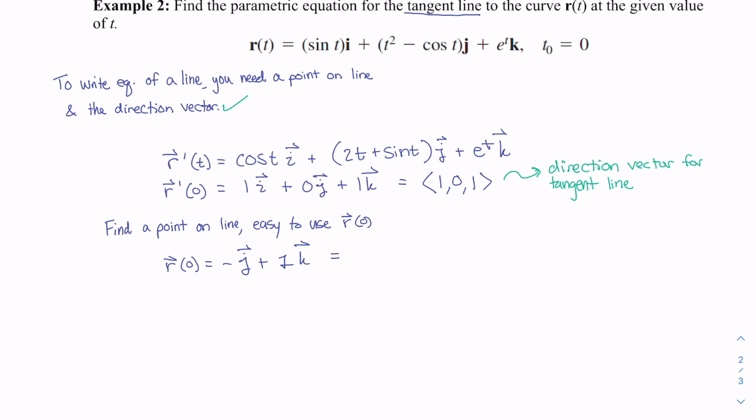So that's going to be the point 0, negative 1, 1. So now we have the two things we need. We have the direction vector and a point on the line.